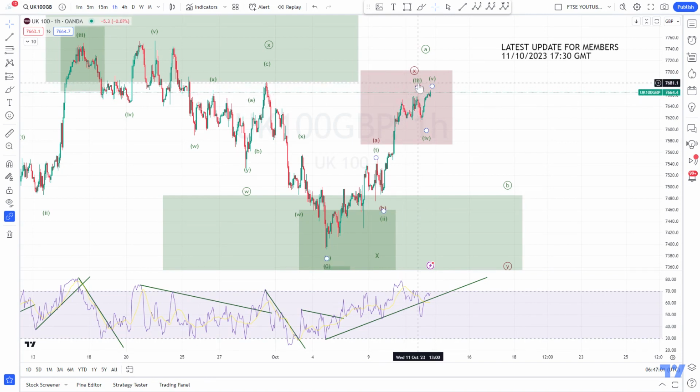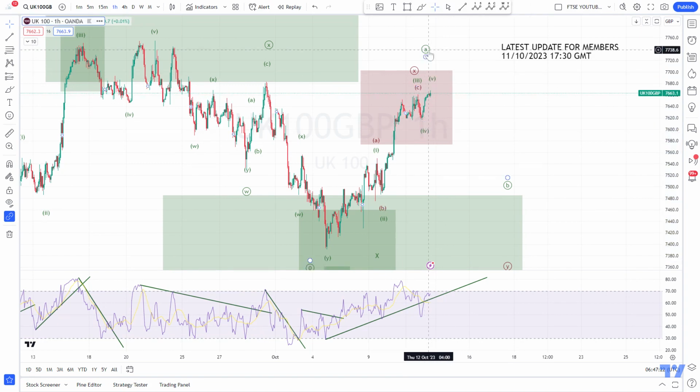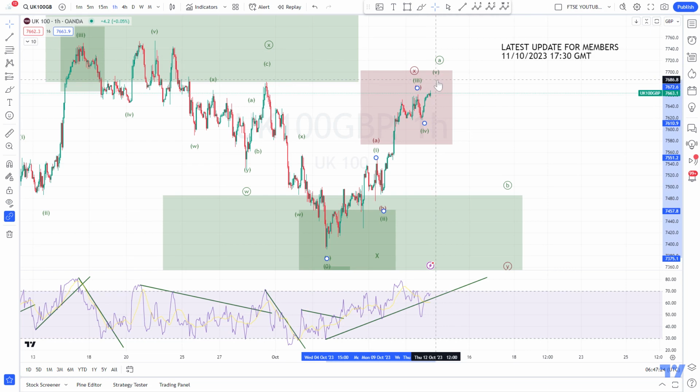Then this here, wave 3. Then we go down, breaking the RSI trend line. So now we are making a new high here, a new high with divergence, which is a typical 5-wave pattern. So therefore, I see 5 waves in here, and not 3.